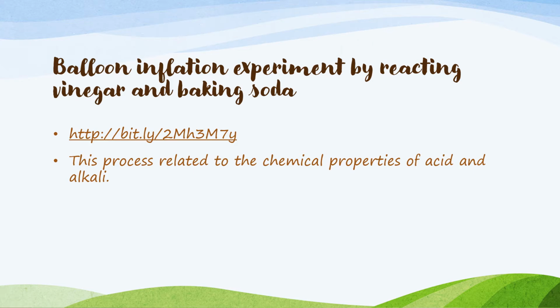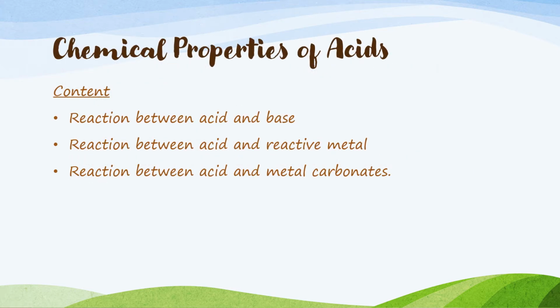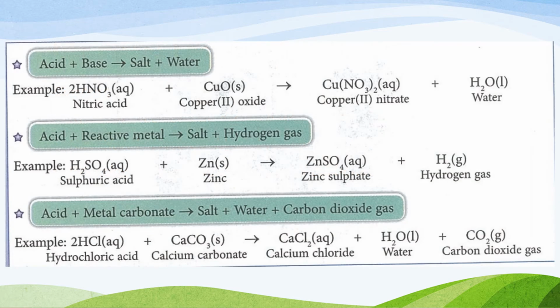Now let's move into what we're going to see in more detail. As I mentioned earlier, we're going to see three important chemical reactions involving acid: acid and base, acid and reactive metal, and acid and metal carbonates. Here are some equations, examples of the reactions.